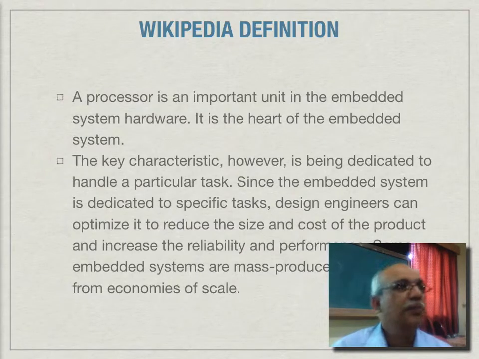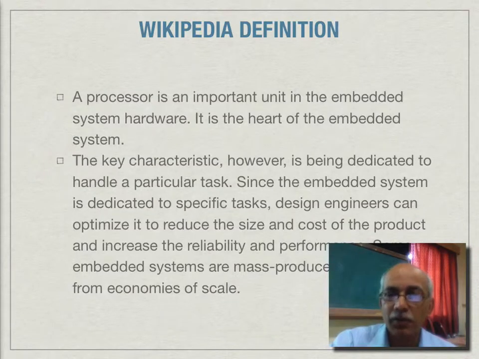So, we all know many things about embedded systems in general because they are around us. Some of the examples I am going to show you now, but till now we understand that an embedded system is a system in which there is a processor in general, and it is dedicated. The remaining part you are advised to read from the Wikipedia site. So, you will do that, right.